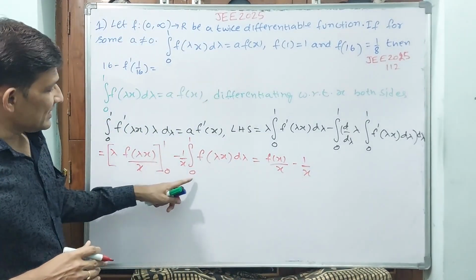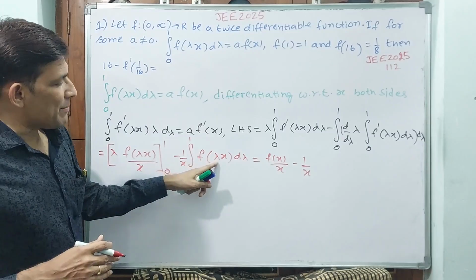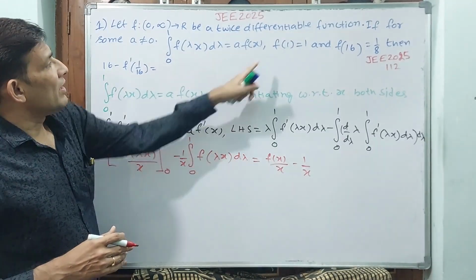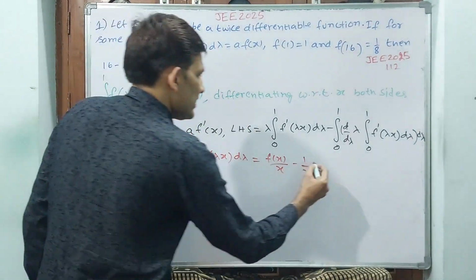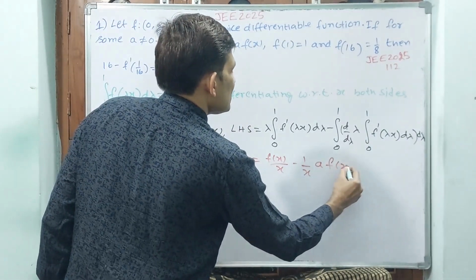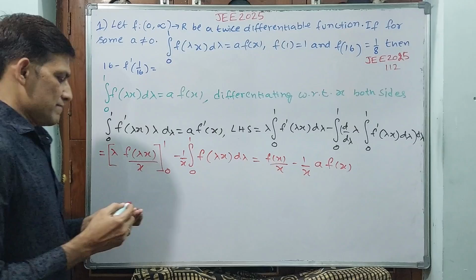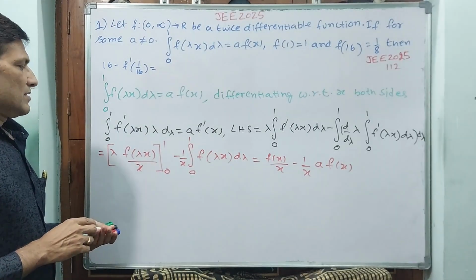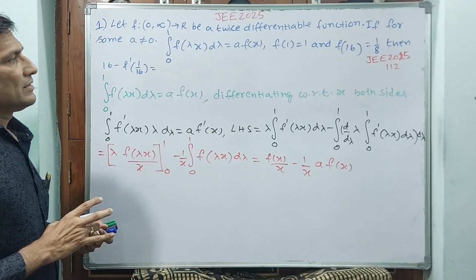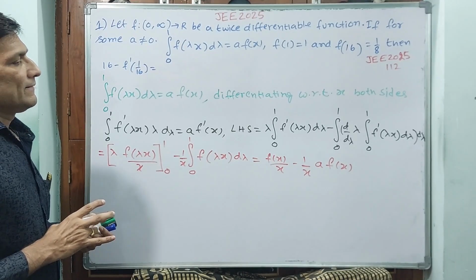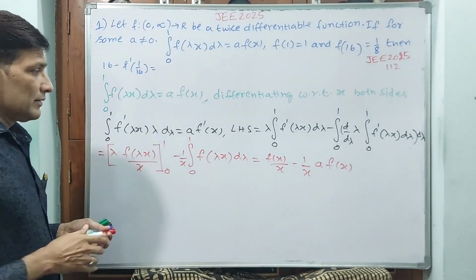Carefully observe. What is this? Integral 0 to 1 f of lambda x d lambda. That is A f of x, that's all. Write down A f of x. Understand? Okay?